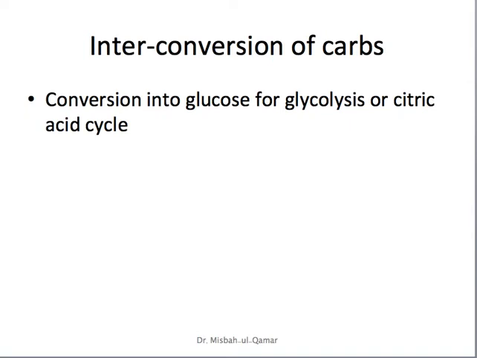Final products of carbohydrate metabolism are glucose, fructose, and galactose, and all cells utilize glucose to produce energy in the form of ATP via glycolysis or the citric acid cycle.